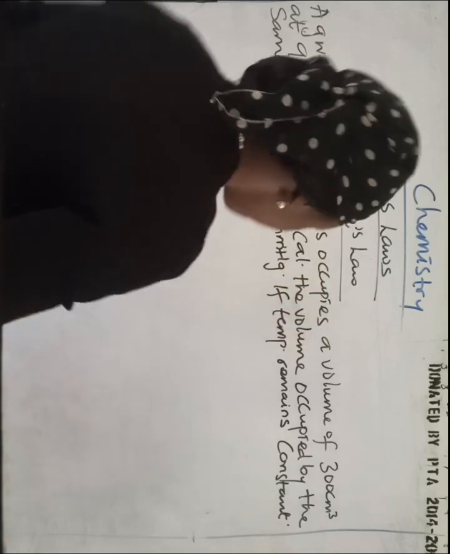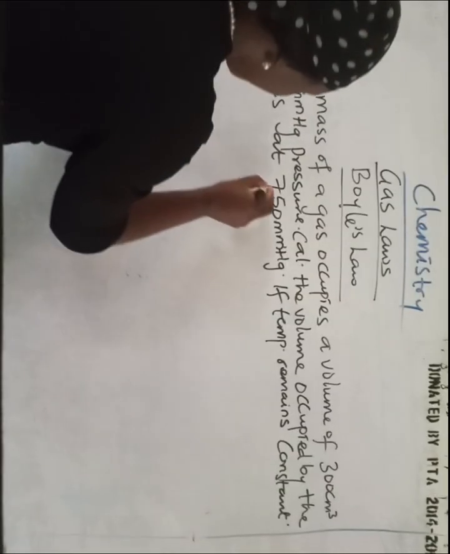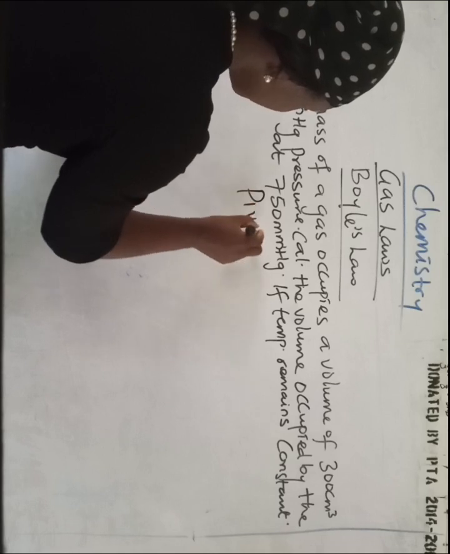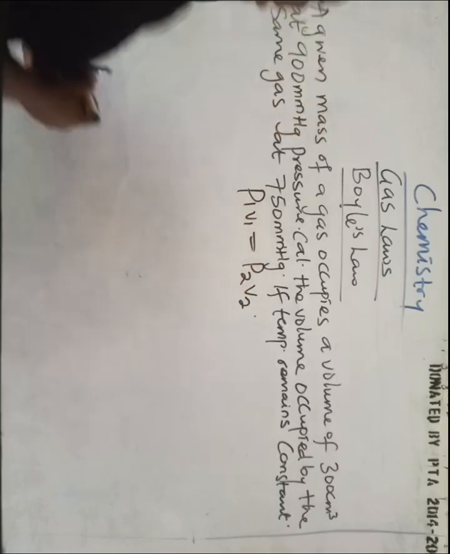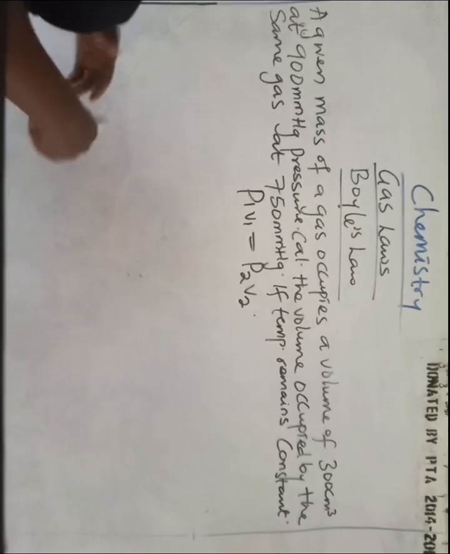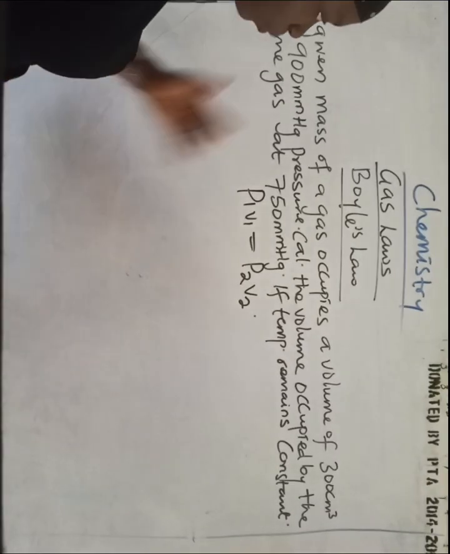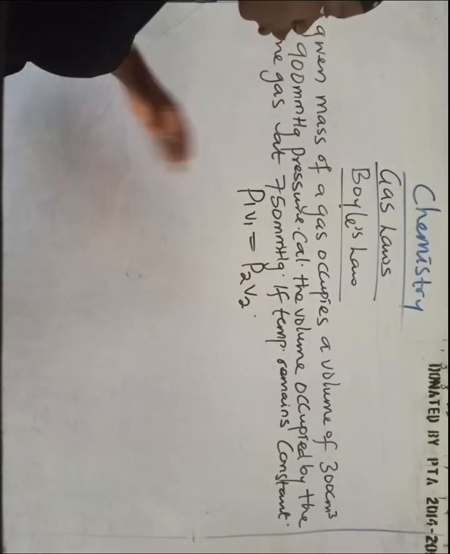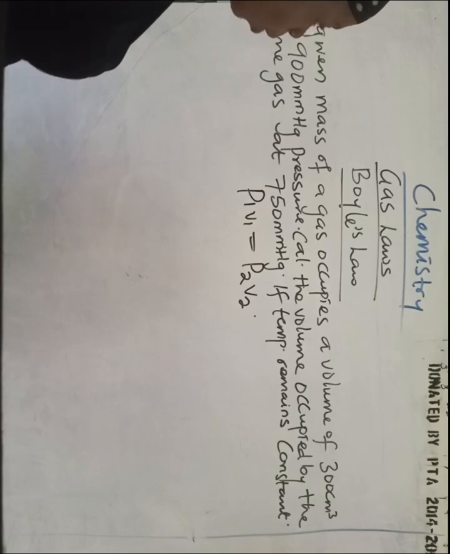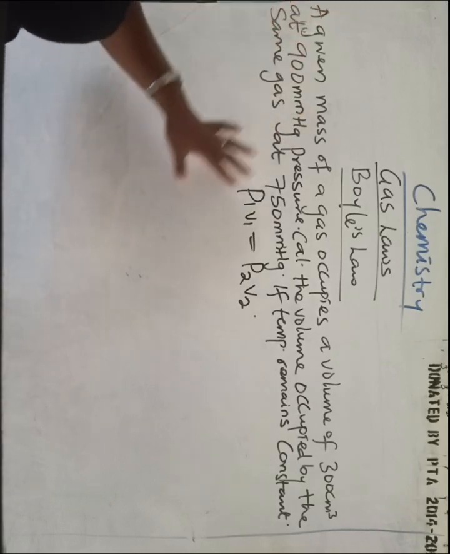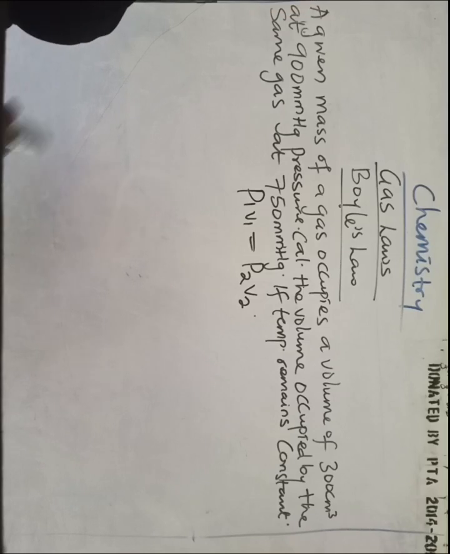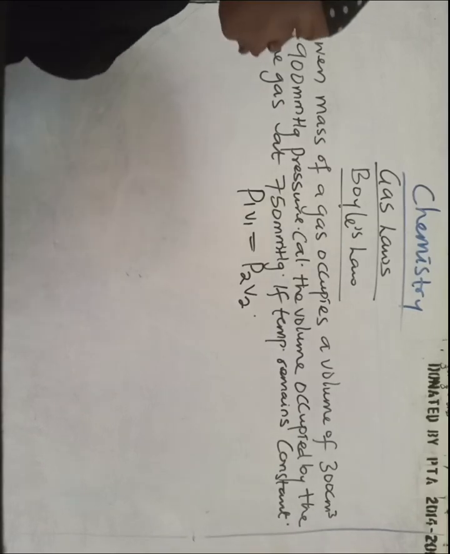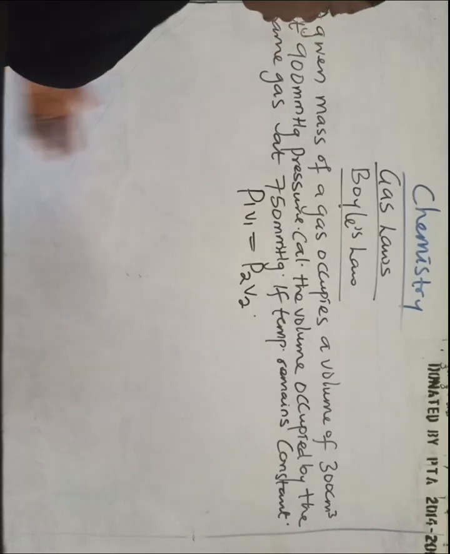The formula for Boyle's law is P1V1 equals P2V2. Under Boyle's law, our temperature is constant, so we are not going to relate it to temperature at all. We are just going to deal with our pressure and our volume. Somebody will ask which one is P1, which is P2, which is V1, which is V2.